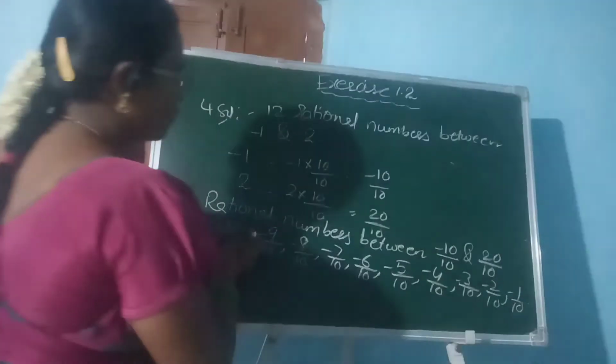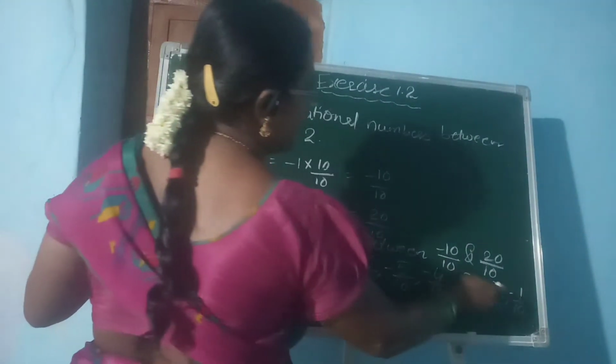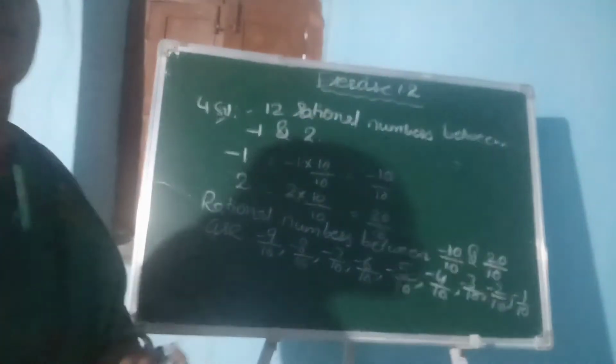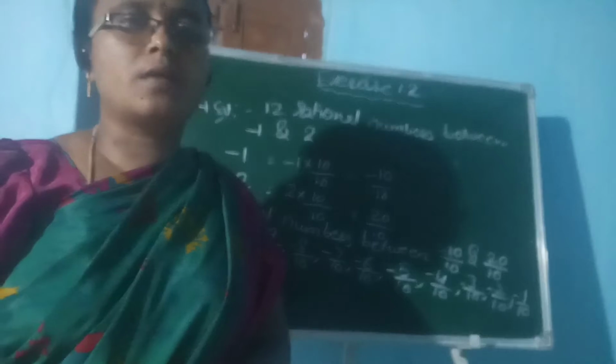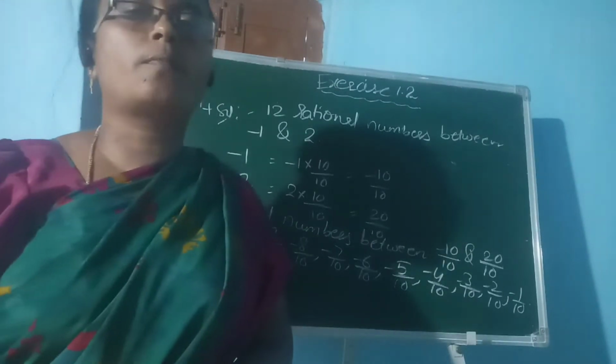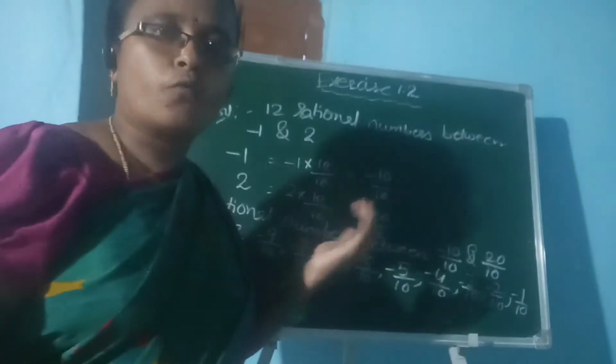So how many? 1, 2, 3, 4, 5, 6, 7, 8, 9, and similarly you can write 3 more and finish there. He is asking just 12 rational numbers. I think you understood this problem very clearly, students, and I want to move to the next problem.